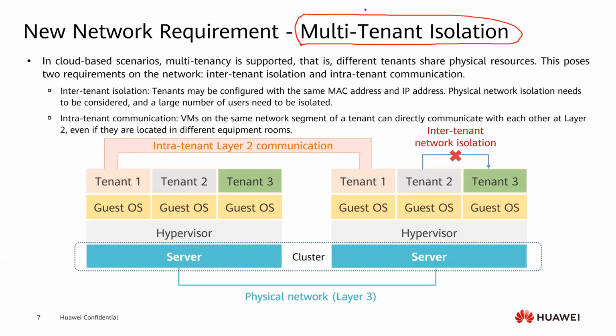For the cloud service provider, a customer is a tenant, and tenants should be isolated into different resource domains. So that is the problem: how do we make the isolation in the network layer?